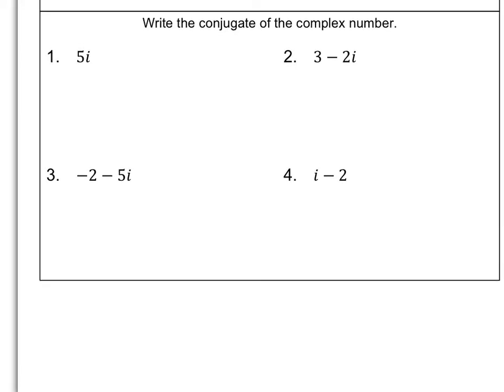Okay, first thing that you're going to do here on these, and I'm going to put this down here on the bottom, we're always going to take the opposite of the imaginary number.